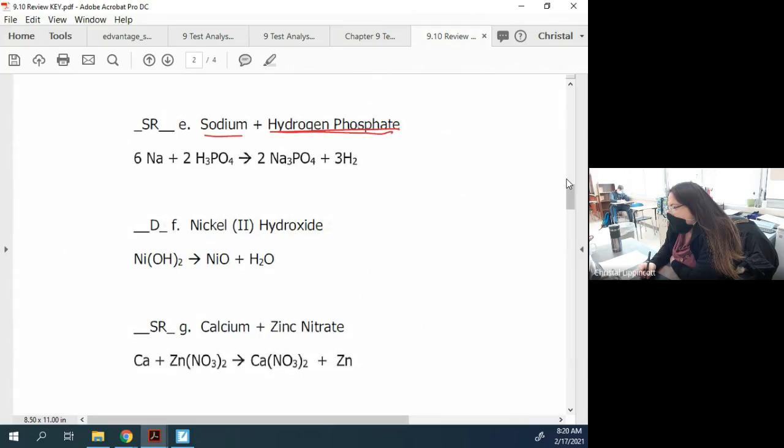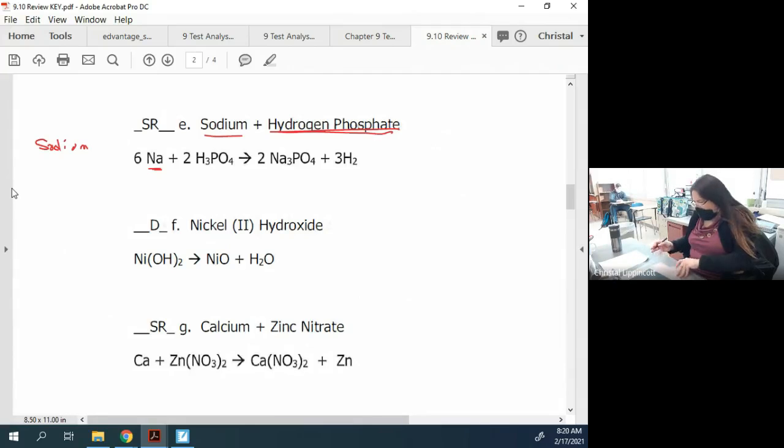My sodium is here. I'm going to find sodium on my roster. Remember the roster that's on the back side of your sheet. When I look on that roster, I see that sodium is higher than the hydrogen.